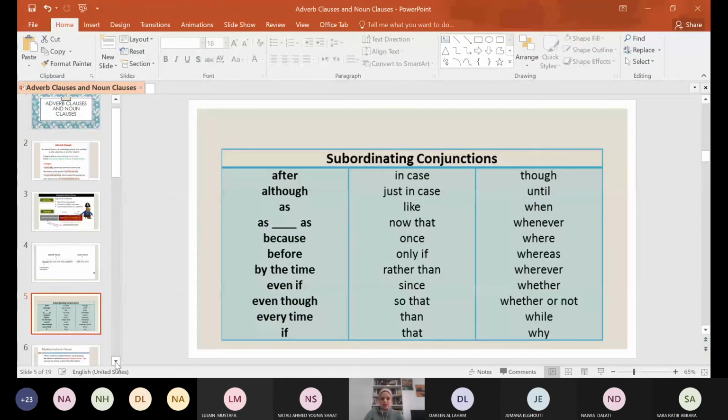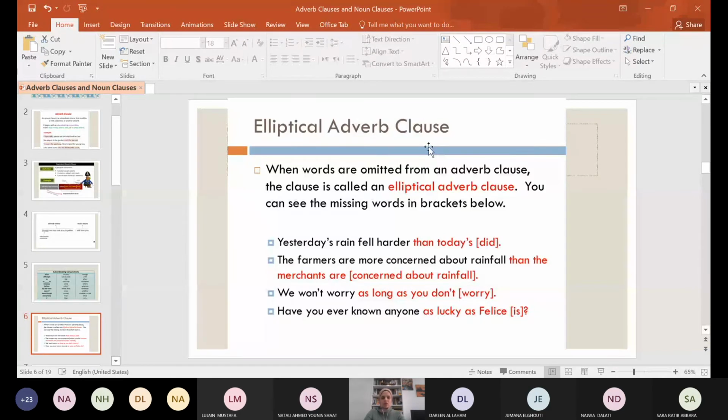And then we came to the elliptical adverb clause, when we omit some words. So it is with than.